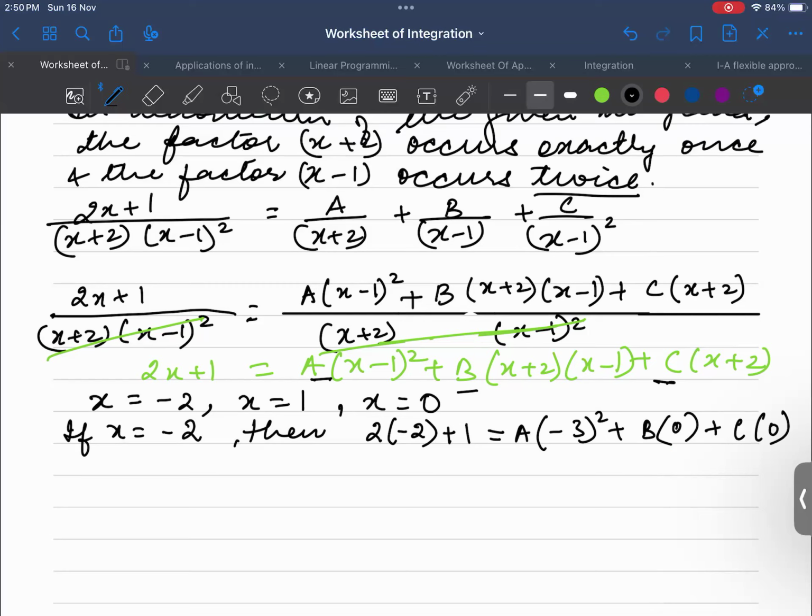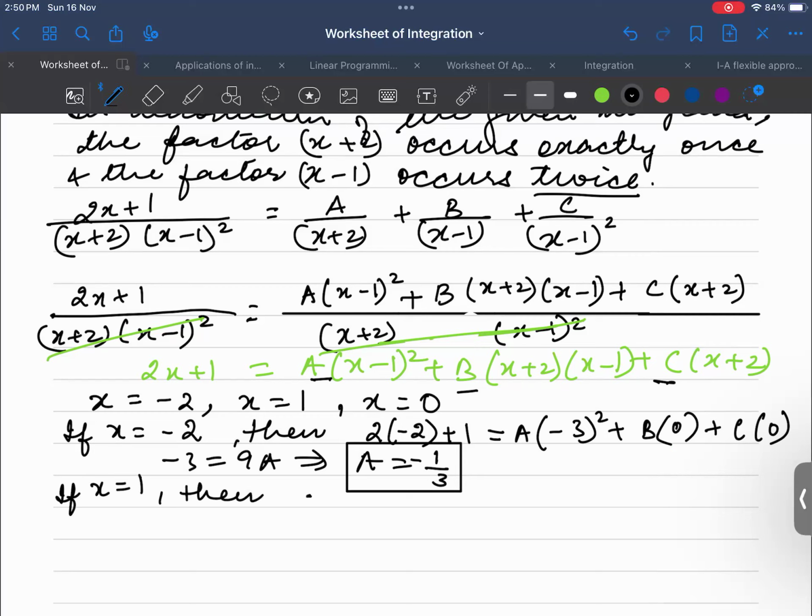And we come out with minus 3 equals 9A, which gives A equals minus 1 upon 3. Is it clear? Then if we say x equals 1, then we get 2 plus 1 equals A, which is 0, plus B, which is 0, plus C times 3. We can say C comes out to be 1.